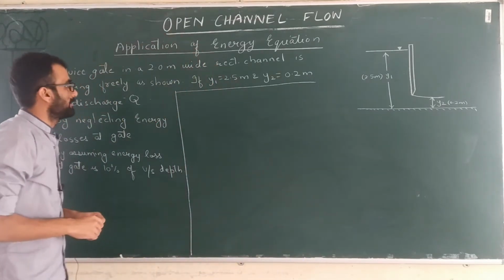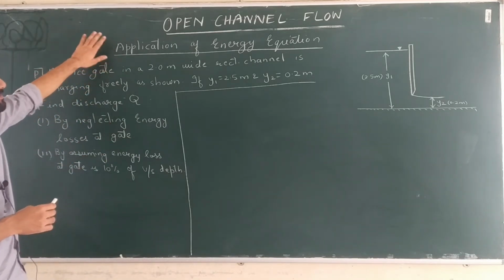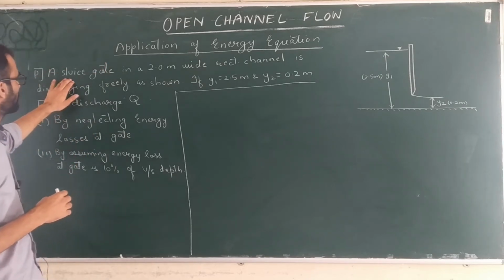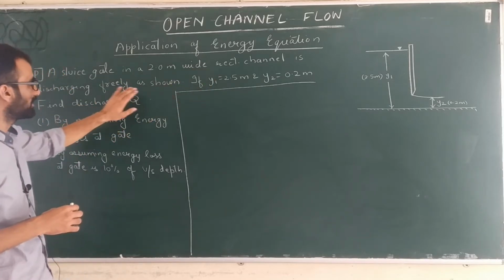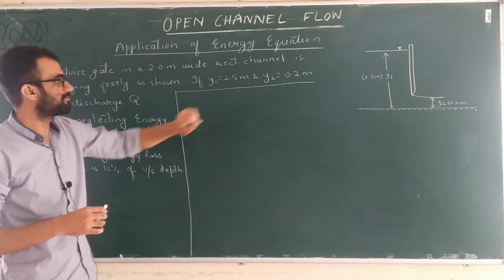Okay, so today we will try to solve one problem by using this energy equation. I'll just read out the problem. We are given a sluice gate in a 2 meter wide rectangular channel that is discharging freely as shown in the figure, and the depths y1 and y2 are given.